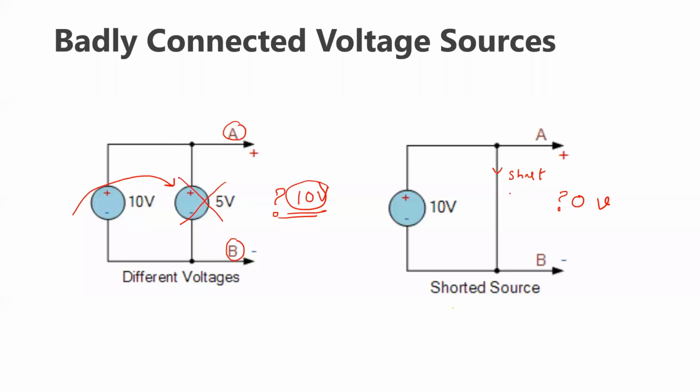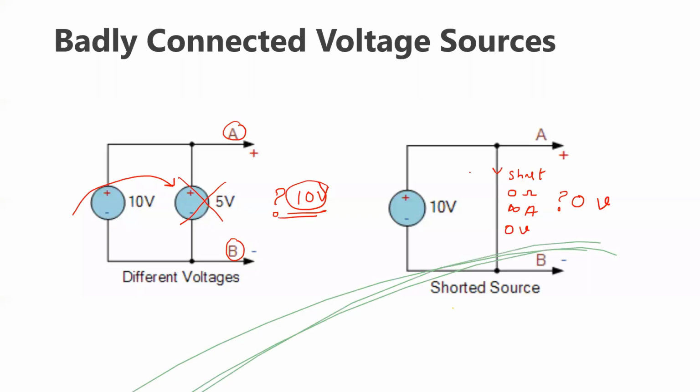Short means 0 ohm resistance. 0 ohm resistance means there is a huge flow of current, an infinite amperes flow of current. That's why we find 0 volt across this terminal. So if a 10 volt is shorted, then we observe 0 volt between the terminals A and B.